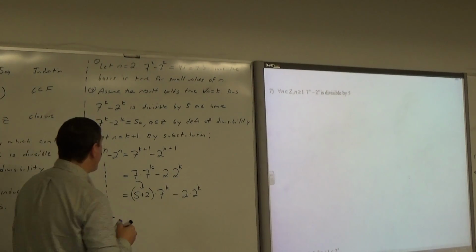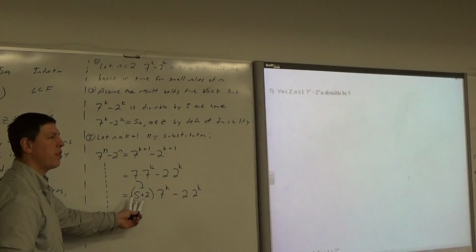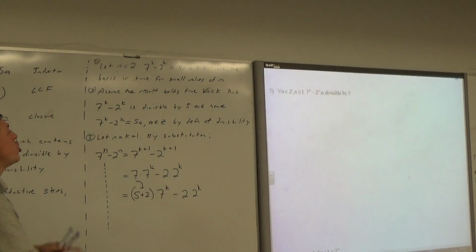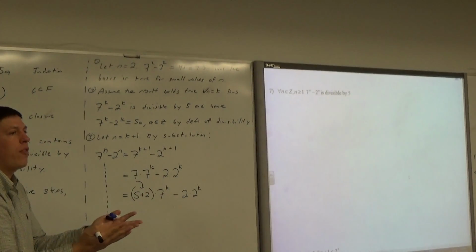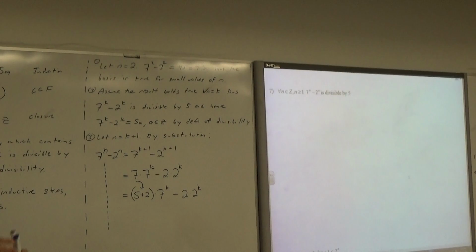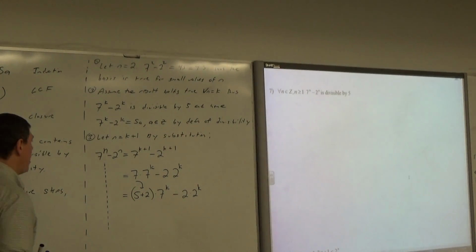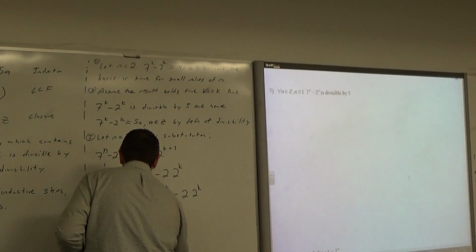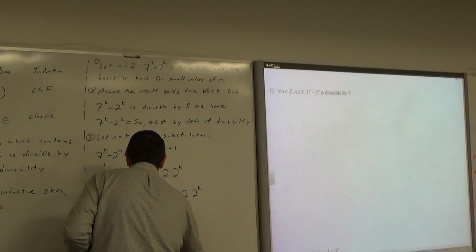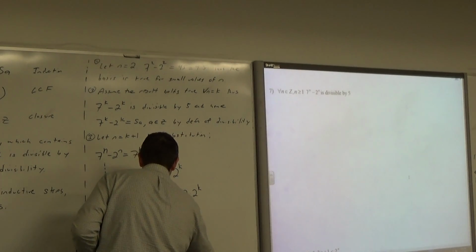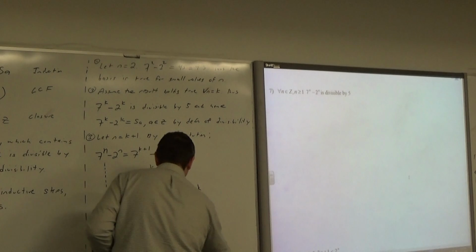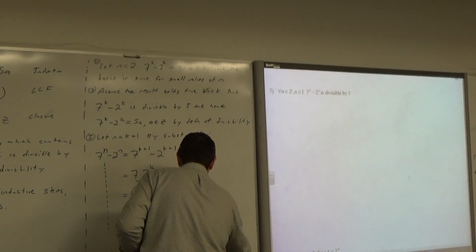By the way, how many of you broke it up as 5 plus 2? Okay, that's good, because you knew it had to have a factor of 5 somewhere in there, and 5 plus 2 is 7. I think that's a good way to think about it. Then we can distribute: we get 5 times 7 to the k plus 2 times 7 to the k minus 2 times 2 to the k.